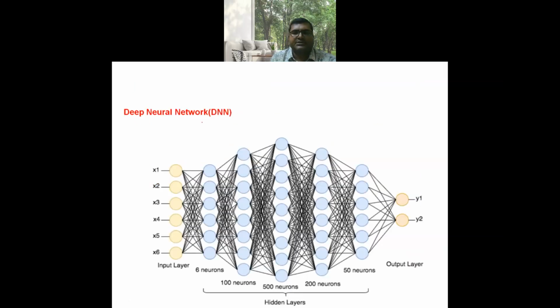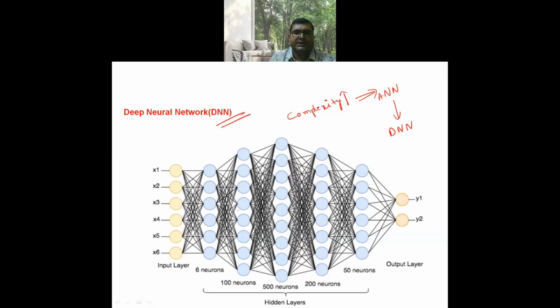Deep neural network. What is meant by deep neural network? Just observe the diagram. Here, if the complexity is increased, then a simple artificial neural network can be named a deep neural network.